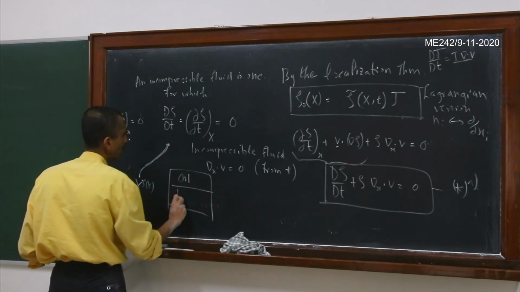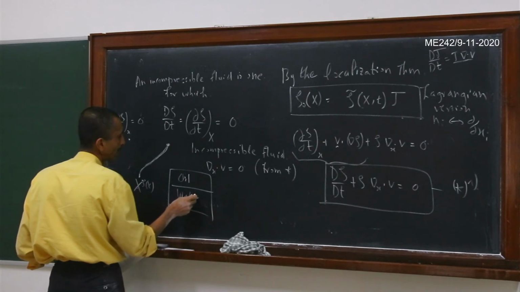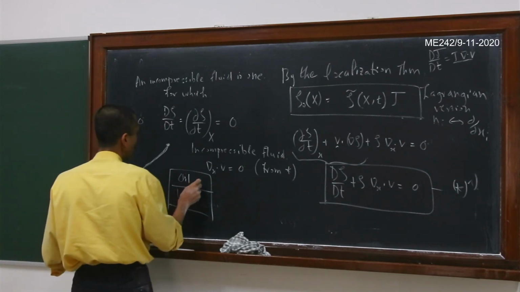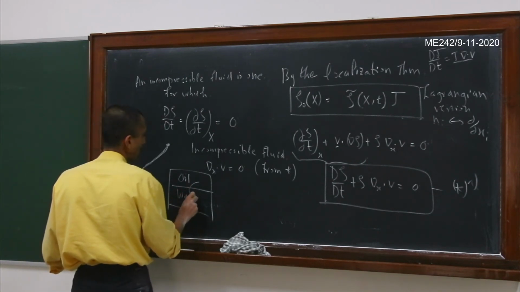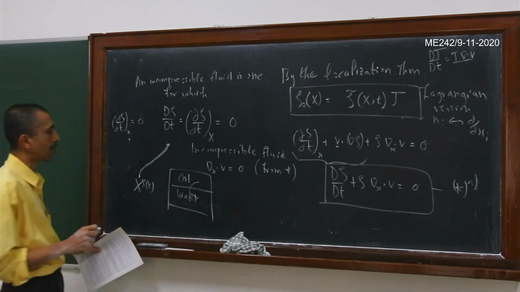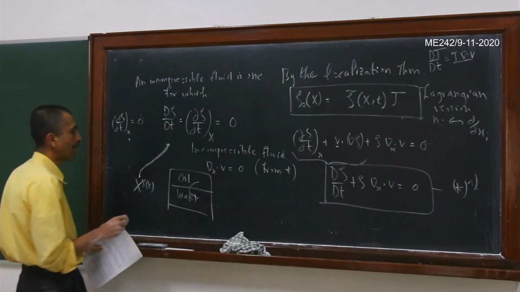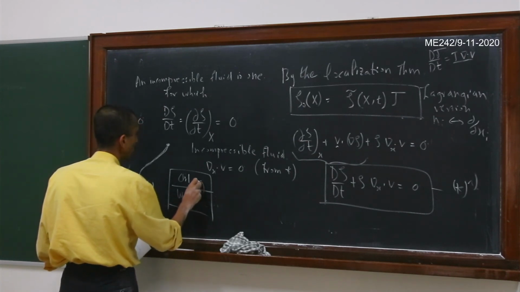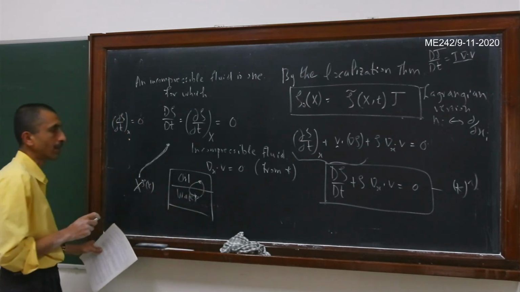Now imagine that this oil particle is coming and occupying the position which is occupied by the water particle, and then the water is going and occupying this particular place here, right?